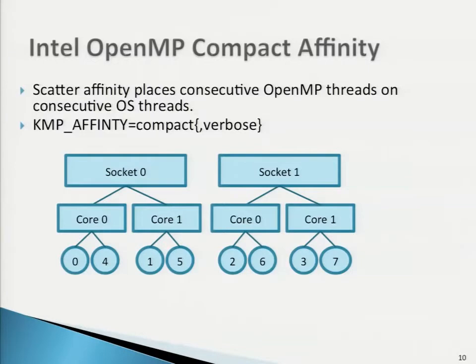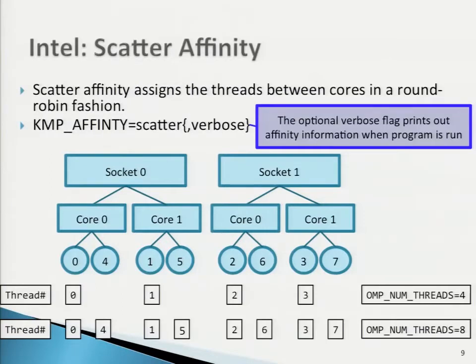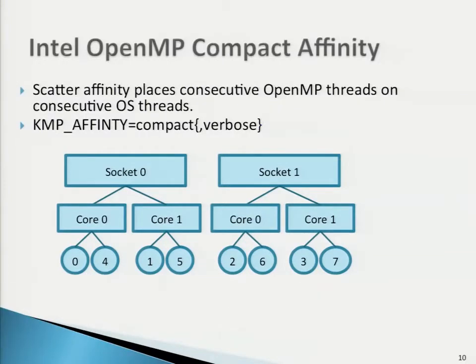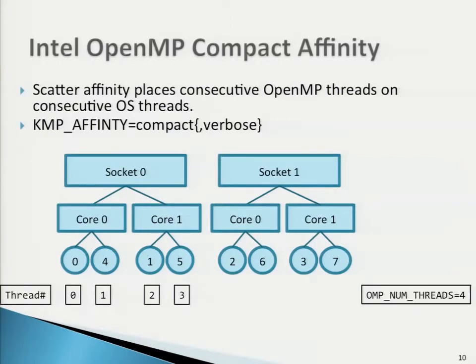The second commonly used setting is KMP_AFFINITY equals compact. The scatter approach tries to spread the threads out as far as possible from one another so that they're not all clustered together. Compact does the exact opposite. If we ask for 4 threads, it will place them as close together as possible, all on the first socket, which might be ideal for your situation.